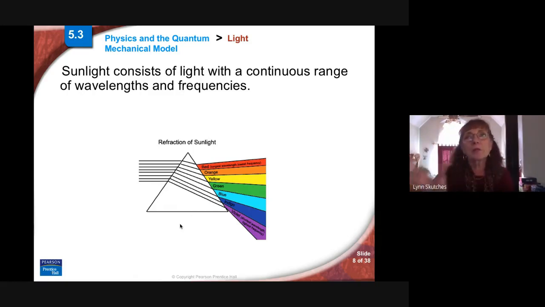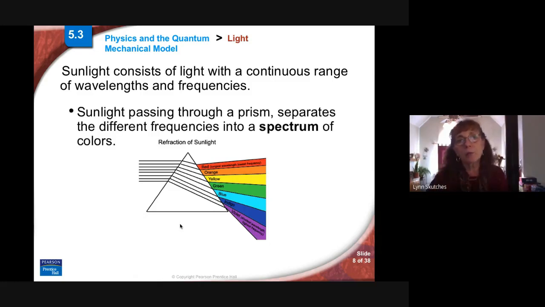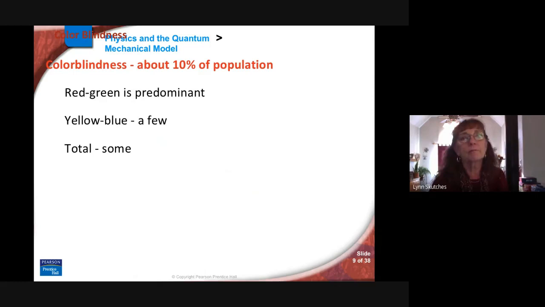The different wavelengths of light will separate, refract differently. And when you see a rainbow, that's what you're seeing. And sunlight is what we call a continuous spectrum. It has all the colors in it, and they don't have any black lines or breaks in them like this. It's every color possible that you can begin to imagine.